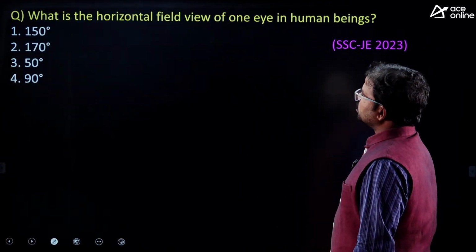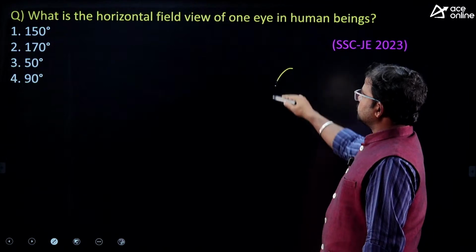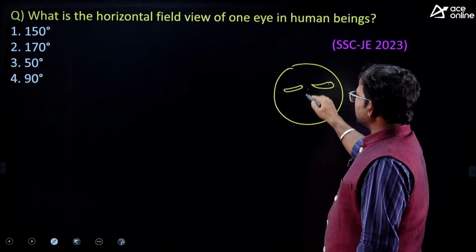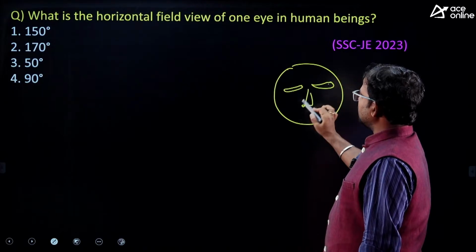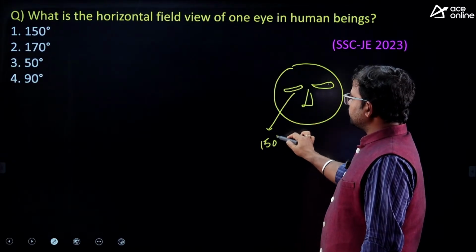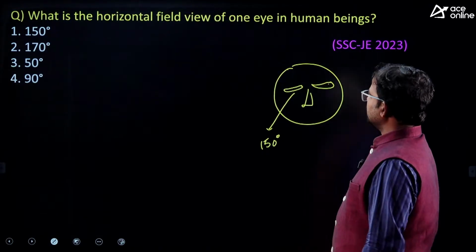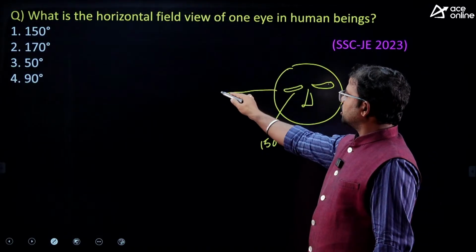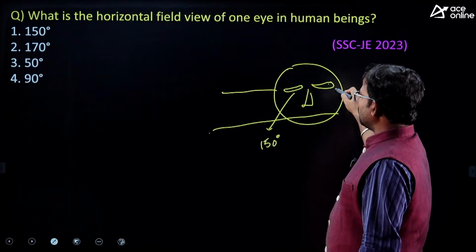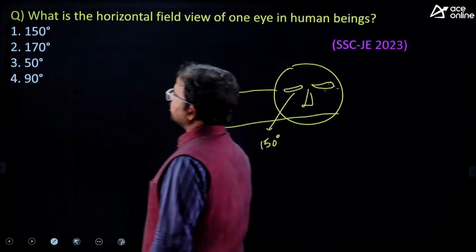So what is the horizontal field of view of one eye in human beings? Suppose you consider human beings, guys, by using one eye, they can only observe a 150 degrees angle, right? That too, horizontal point of view. Suppose we are using both eyes, then we are getting a 180 degrees view, right?